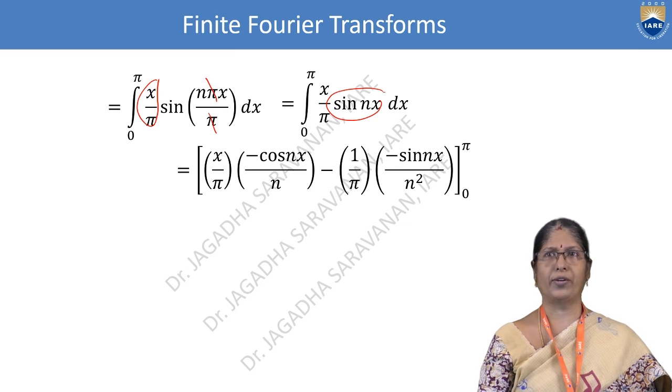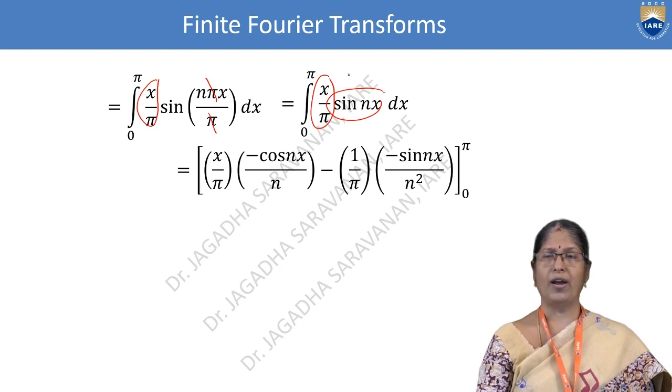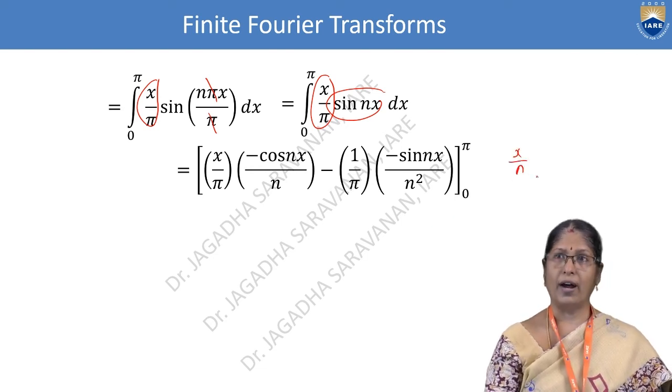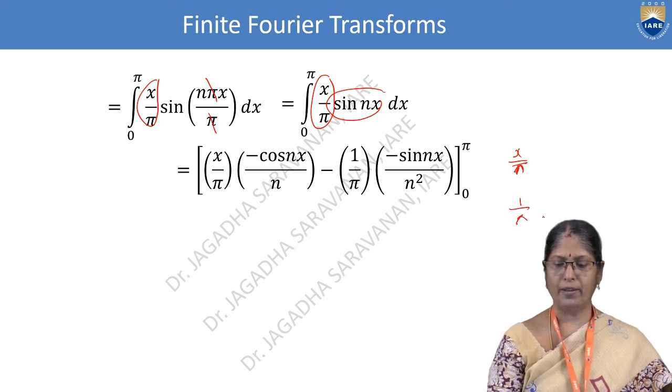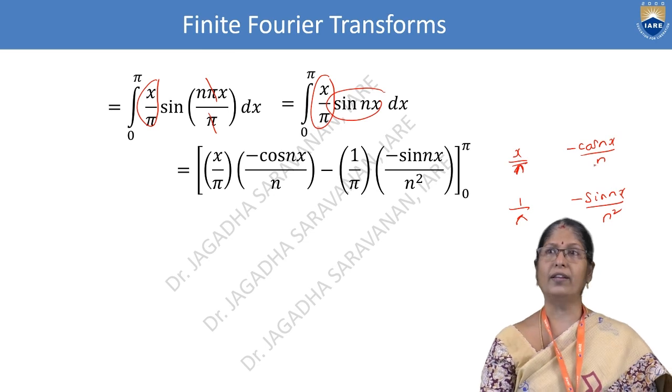We will do the integration. That is a simple integration, if it is a combination of algebraic and trigonometric terms. So now, x by pi is algebraic, its differentiation is 1 by pi. Sine nx we will integrate, it is minus cos nx by n. Again we will integrate, sine nx by n, and since n is already there, here it is n square.